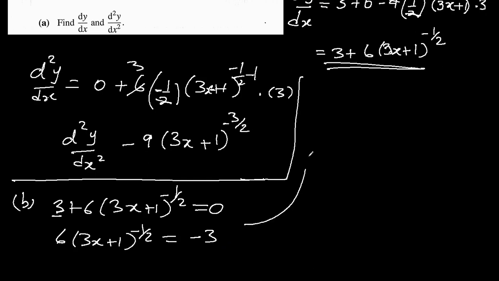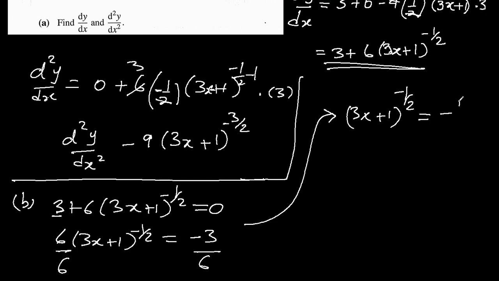Okay, so let's continue it here. So divide both sides by 6 and 6. So 3x plus 1 to the power negative half equal to minus 1 over 2, because 6 and 6 cancel here, and minus 3 over 6 is negative half. So to get rid of this negative half, to focus on x, we will give the whole of it a reciprocal power of this one, which is minus 2.